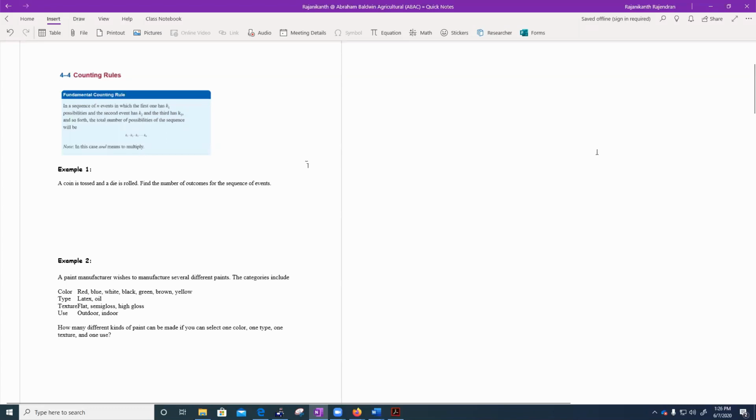The fundamental counting rule says if you have a sequence of n events, and you could perform K1 possibilities for event 1 and K2 possibilities for event 2 and so on, then the total number of possibilities for all the sequences of n events is simply the product of the possibilities of the individual events.